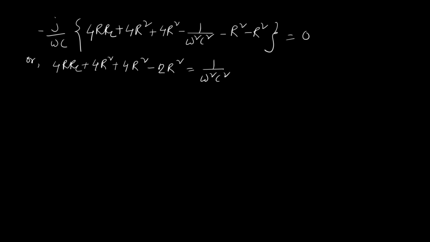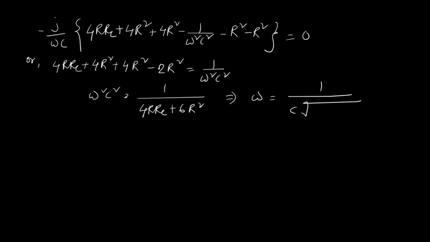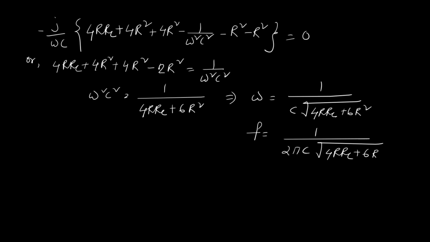So omega square C square equals to 1 by 4R RC plus 6R square. So omega equals to 1 by C root over of 4R RC plus 6R square. And the linear frequency will be 1 by 2 pi C root over of 4R RC plus 6R square.